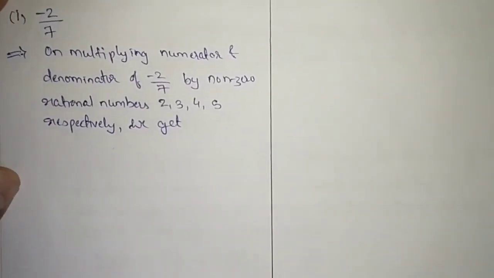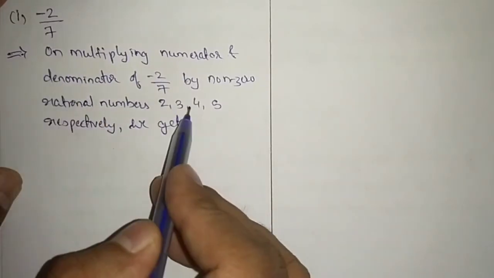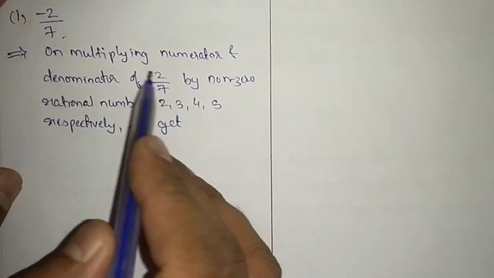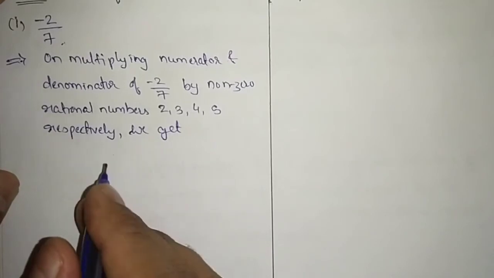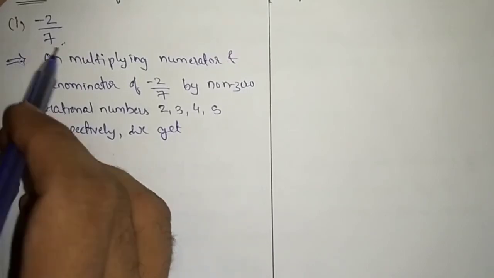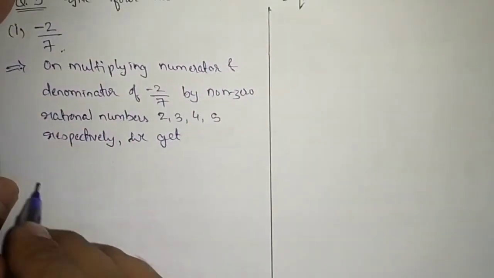Now what we will do? We will multiply the number by 2 first, numerator and denominator, then 3, then 4, then 5. The numbers which we will get will be our equivalent rational numbers.